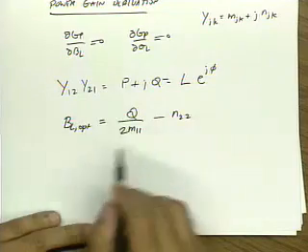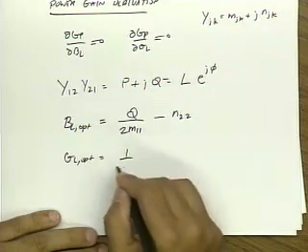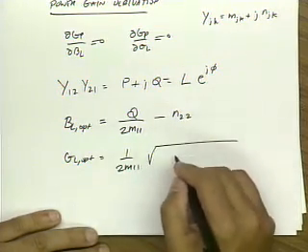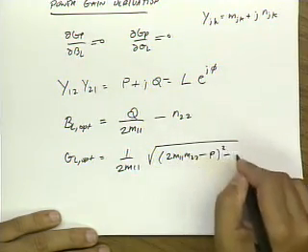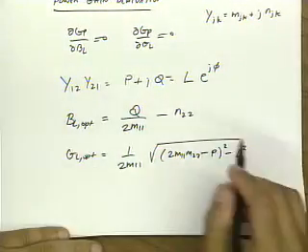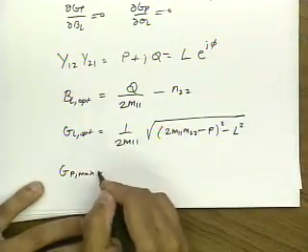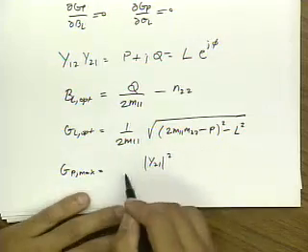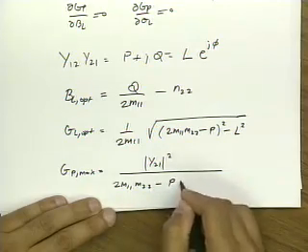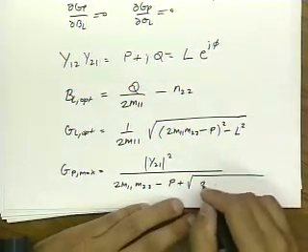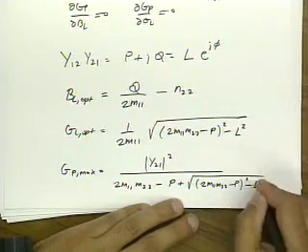This is the imaginary part of the optimum admittance, and the real part of the optimum admittance is given by 1 over 2 M11 times the square root of (2 M11 M22 minus P) squared minus L squared. And this gives us a maximum gain, which is equal to the magnitude of y21 squared divided by 2 M11 M22 minus P plus the square root of (2 M11 M22 minus P) squared minus L squared.